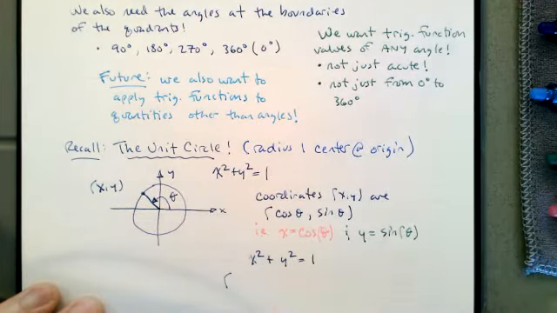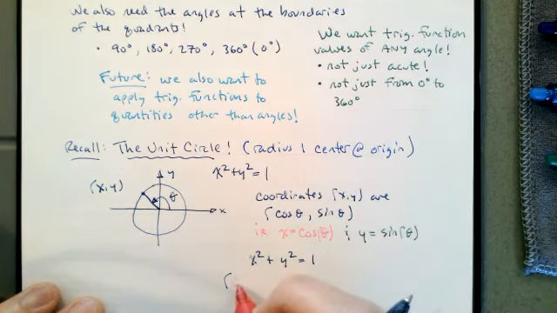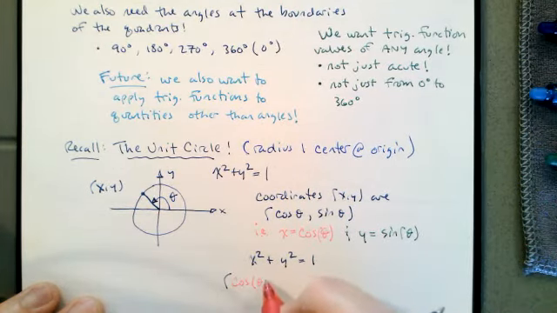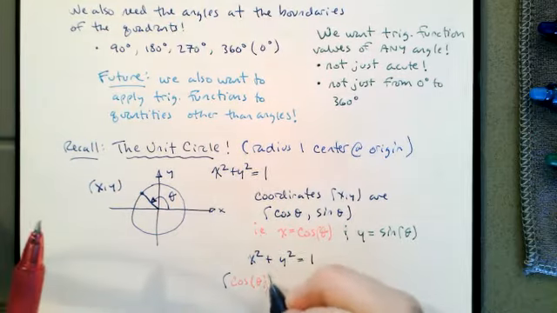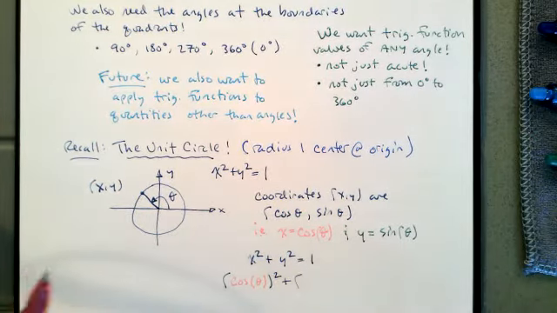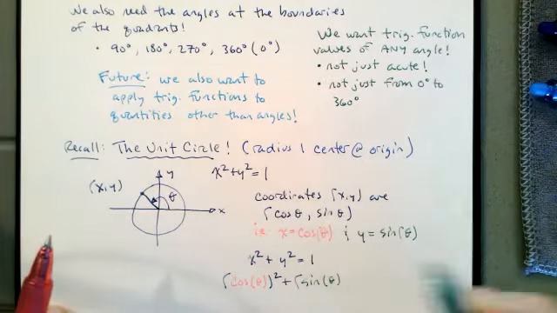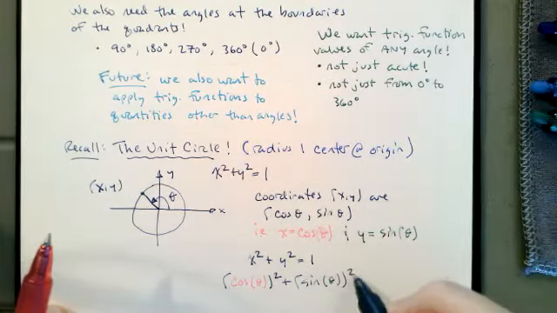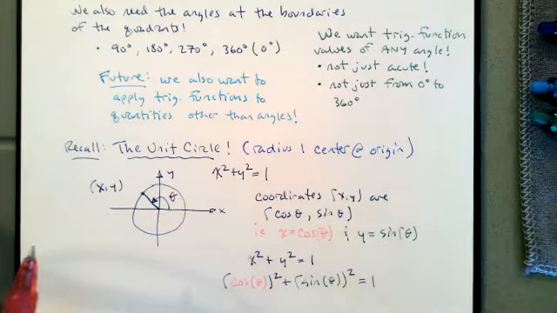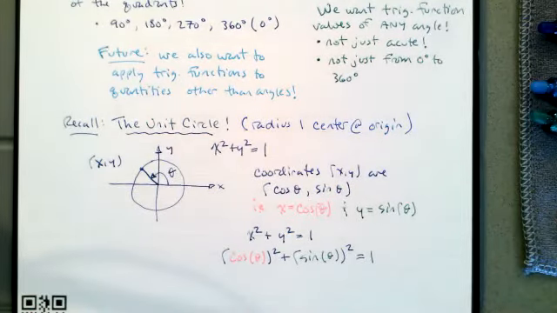I can replace the x with cosine theta, and y with sine of theta, and get that the square of cosine theta plus the square of sine of theta is equal to 1. An important relationship between cosine and sine.